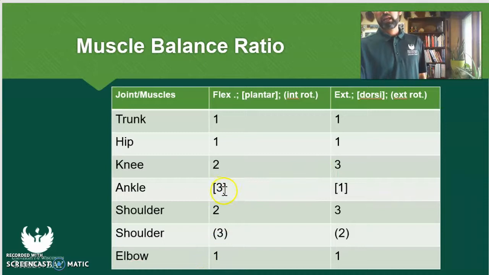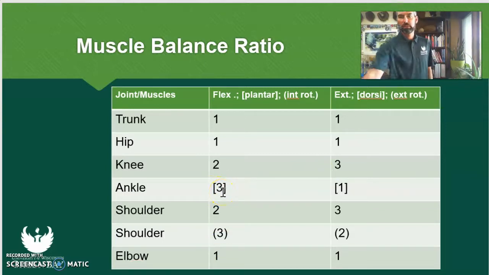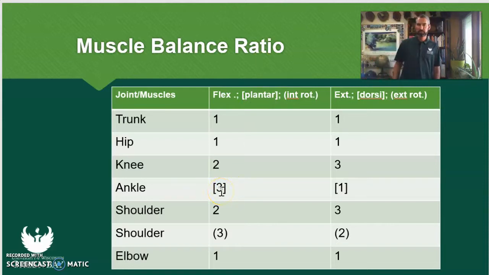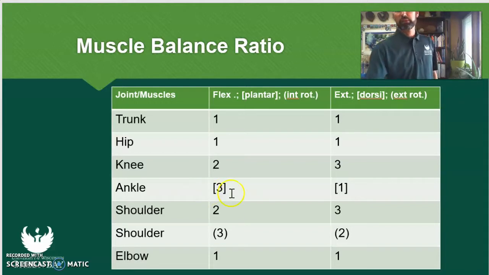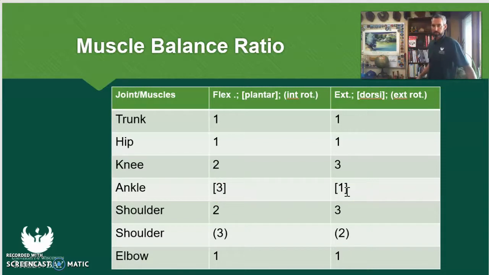I put in the brackets here ankle, that would be plantar flexion, so you're pointing your foot like you're going to be jumping. That can generate almost 3 times the amount of force as dorsiflexion. This is dorsiflexion, that's plantar flexion. So I can generate 3 times the amount of power in plantar flexion as I can in dorsiflexion.